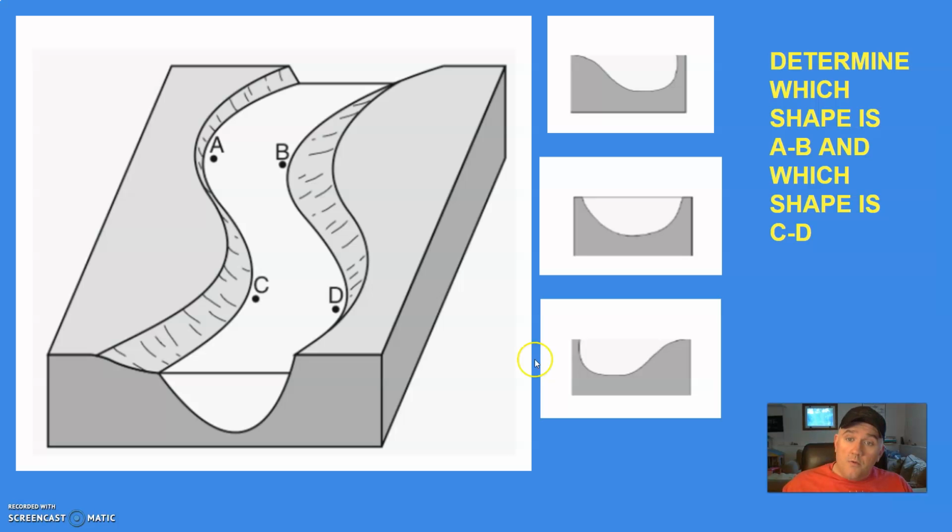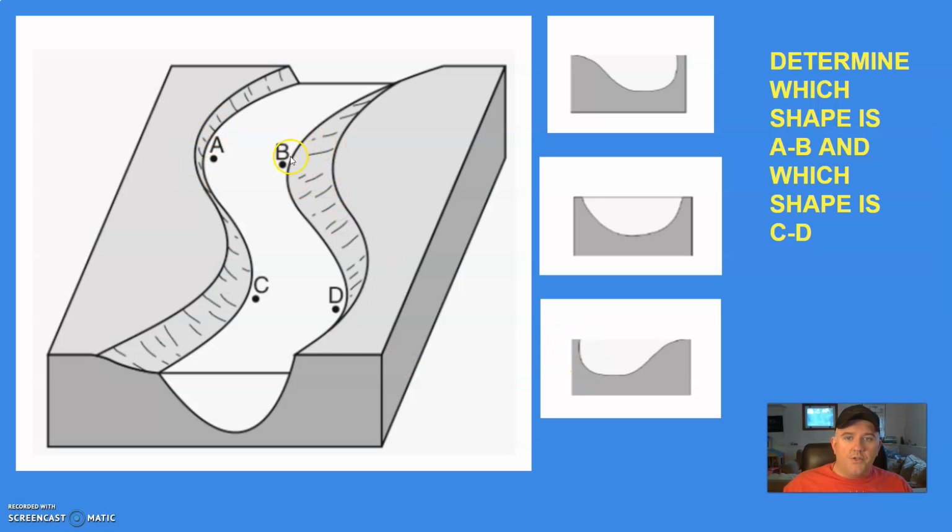Classic question. We have A and B on the outside, C and D. So if the question was which one of the three pictures here, 1, 2, or 3, would match the stream channel at A and B, we would have to go with choice 3. The outside part of the stream is where it's fast and eroding, so it's deeper here.